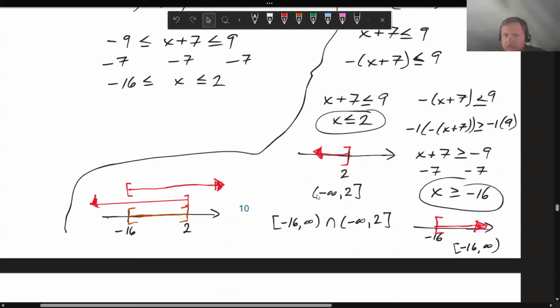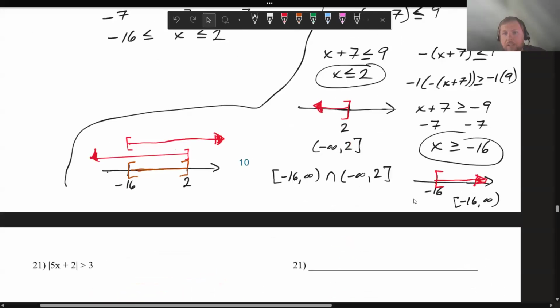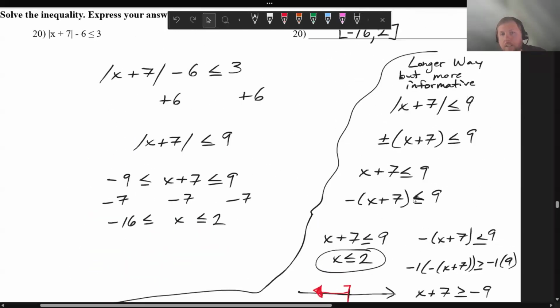It's still kind of a surface level look at things. But this idea of replacing the absolute value with a plus or minus of the thing that was in the absolute value is super useful, especially if you don't work with these all the time and they just come up. If you can at least remember this, it allows you to piece together how the thing is supposed to work.